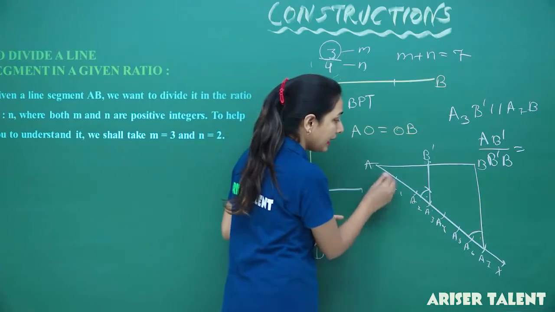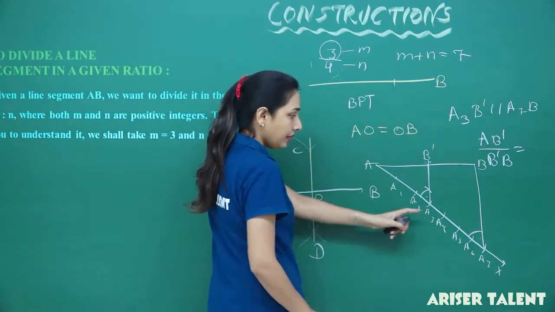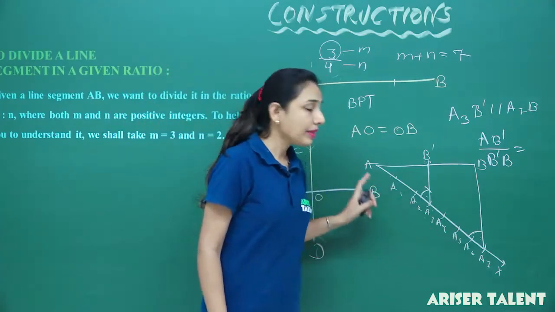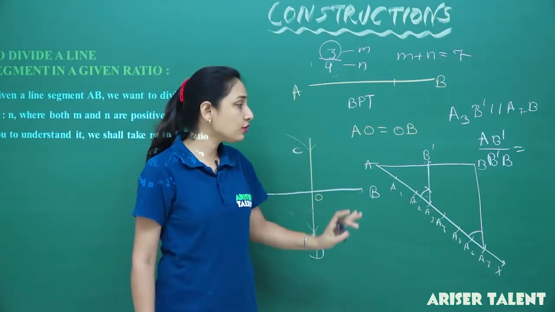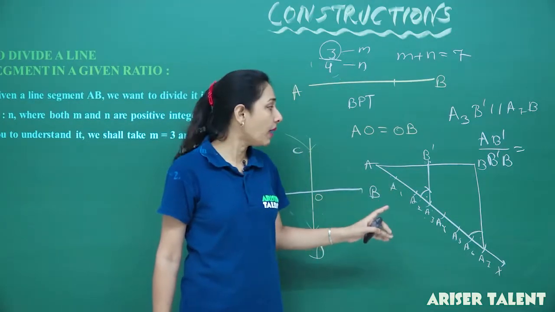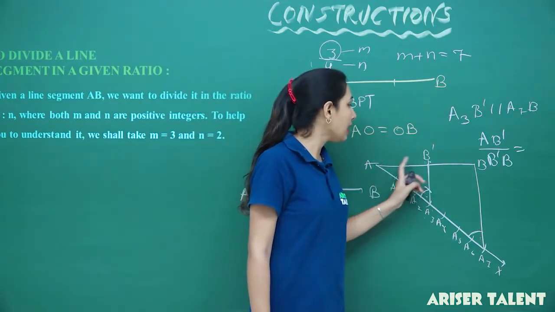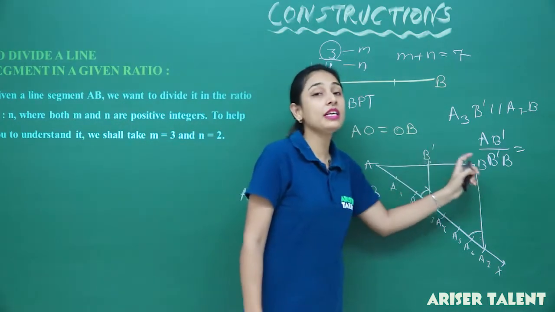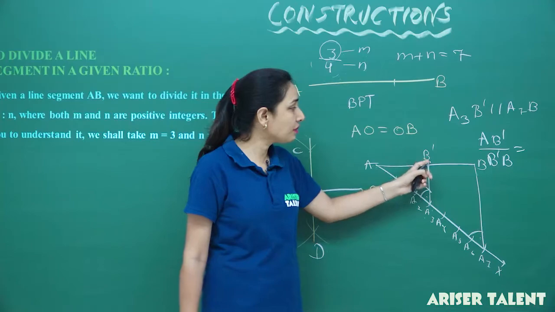So here A3 by A3 A7, which I made by construction, is equal to 3 by 4. This is 3 and this is 4. So this is in the 3 by 4 part. So that will also be equal to AB dash and B dash B. So what is AB dash and B dash B?